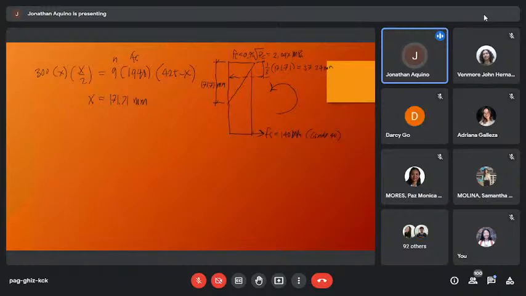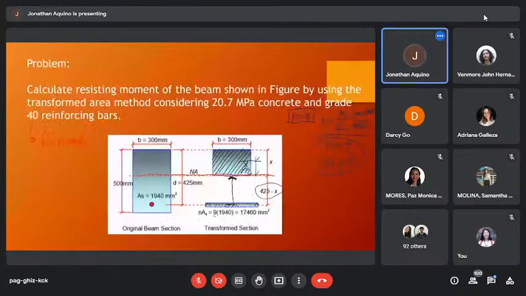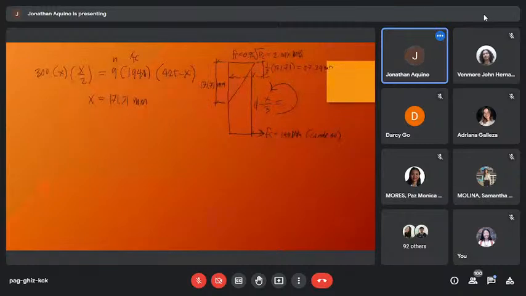So this internal couple will have a lever arm equal to d minus x over 3, or just simply 425 minus x over 3. So 425 minus 57.24 millimeter, or equal to 367.76 millimeter.